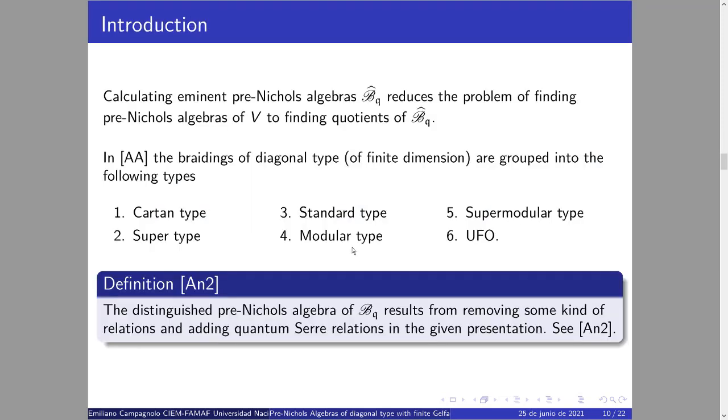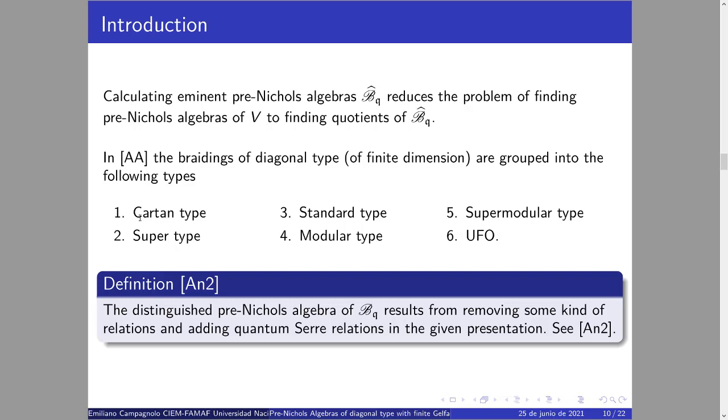And calculating the eminent pre-Nichols algebra hat B reduces the problem of finding pre-Nichols algebras of B to finding quotients of hat B. In work of Andruskiewitsch and Angiono, the braidings of diagonal type are grouped into the following types: Cartan type, super type, standard type, modular type, supermodular type, and UFO.